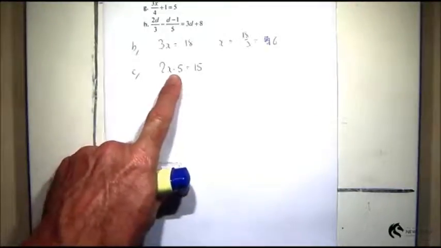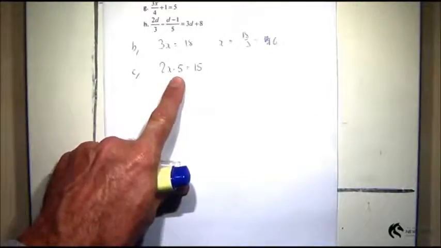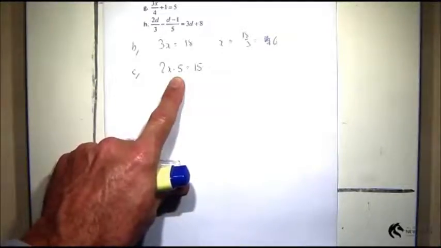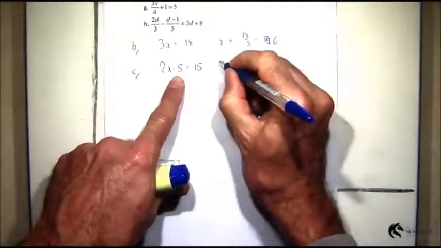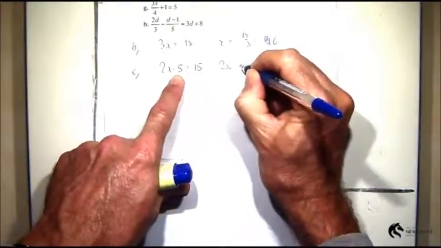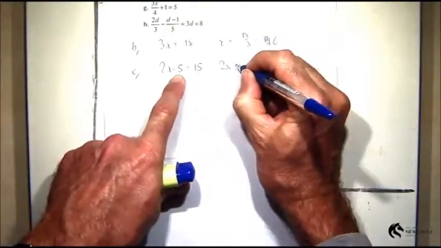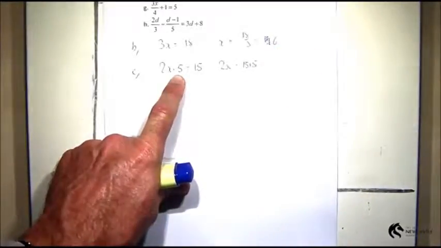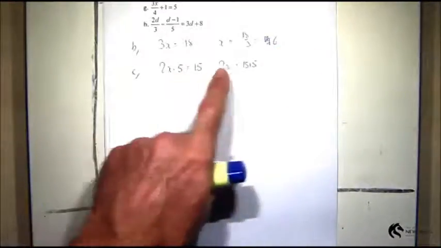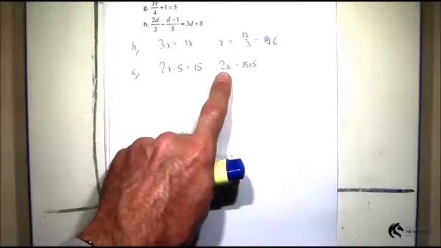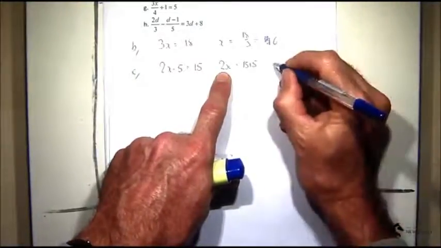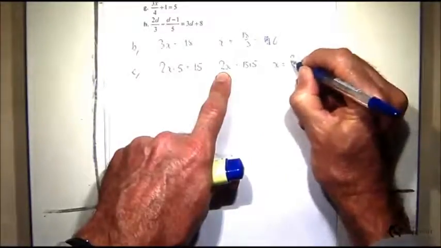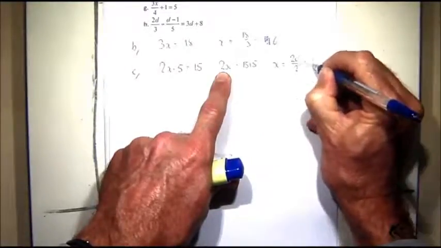So the first thing to do is add 5 to both sides. So in here, I might just work across the page. So that will be 2x minus 5 plus 5, which is just 0, is equal to 15 plus 5, which is 20. Now I will divide both sides by 2. And I will have 2x divided by 2, which is just x. 15 plus 5 is 20 divided by 2, so I get 10.